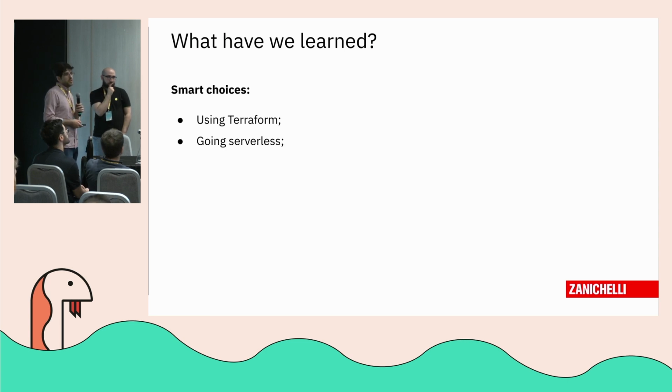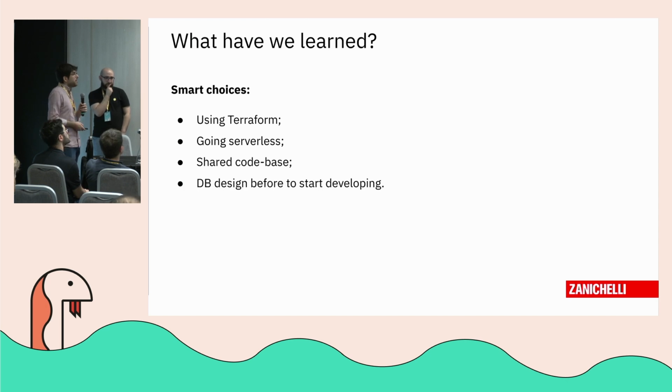Also, going serverless was a smart choice because of the load of the application. And having a shared code base also was a smart choice because it made it easier to handle a serverless application. Having also designed the database from the beginning helped us during the development of the application.